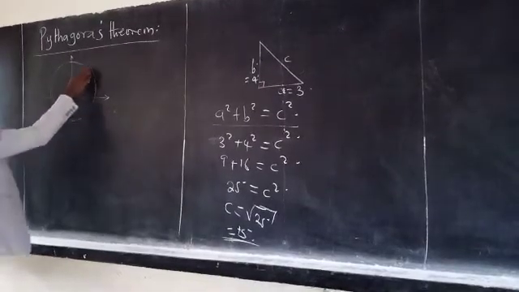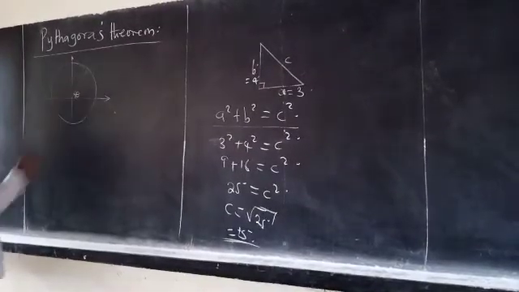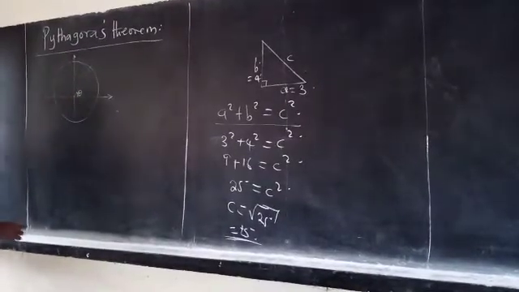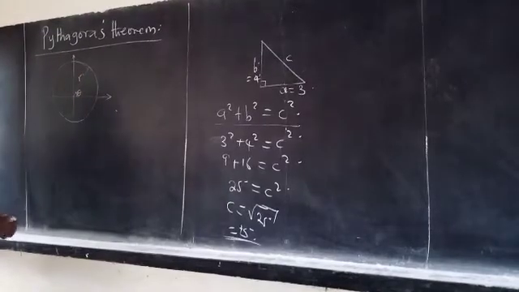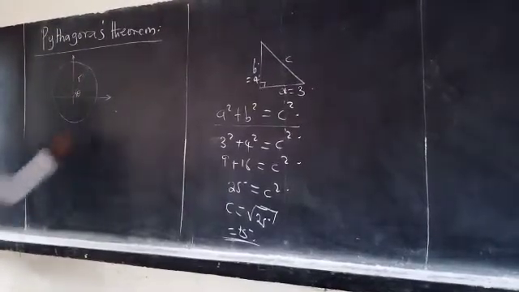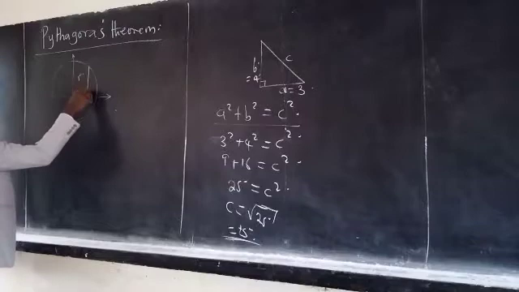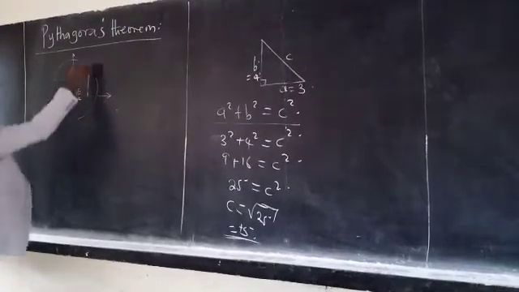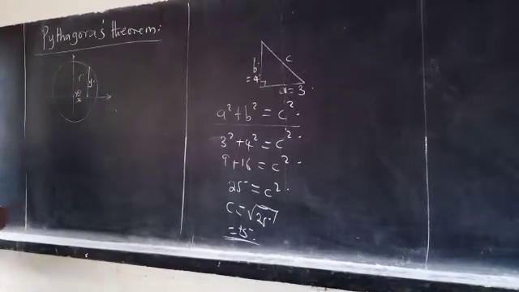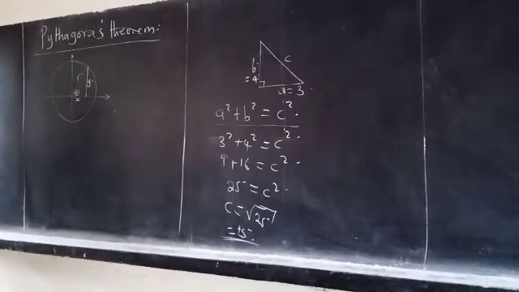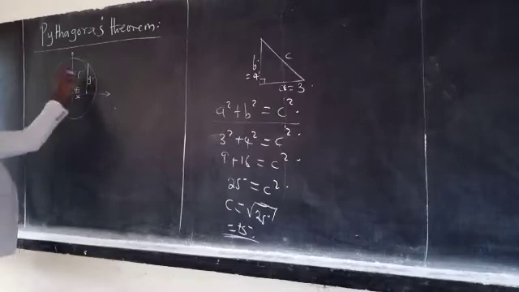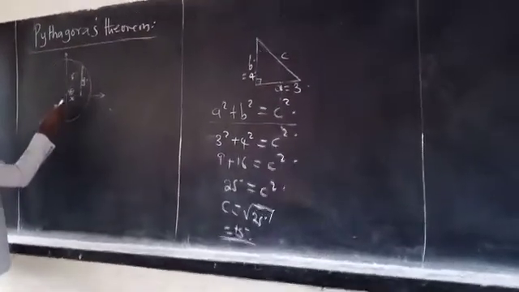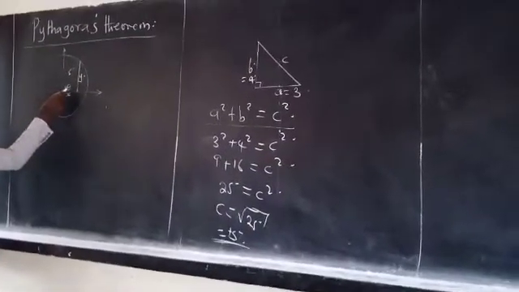If we have an angle theta here, from here to here is the radius of the circle, R. If we make this one, from here to here we can call it X, and from here to here we can call it Y. In terms of R and theta, I want to get X and Y. Let's go.